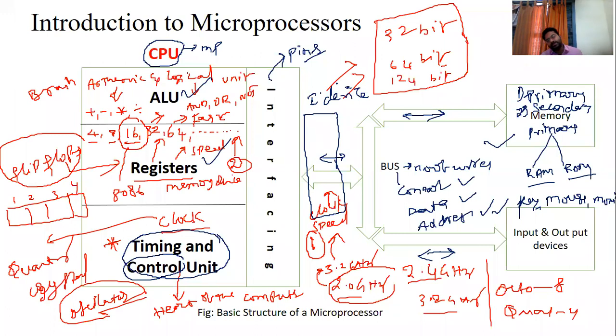The third chapter is about interfacing devices. You have different types of interfacing devices: 8255, 8279, 8259. What are these interfacing devices? Why are you using these interfacing devices?